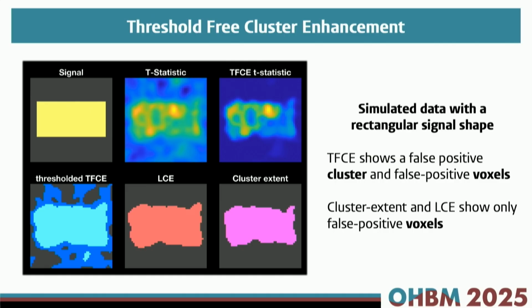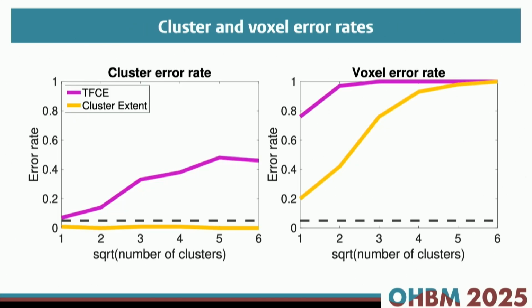So on a voxel level, it doesn't control properly, but at least cluster extent detects one cluster, and threshold free cluster enhancement in this case selects two clusters. So this is why TFCE in this case has less cluster error control than cluster extent thresholding, but both have not very good voxel error control.